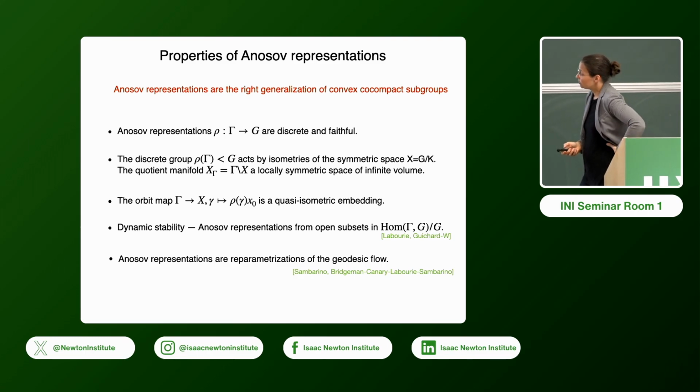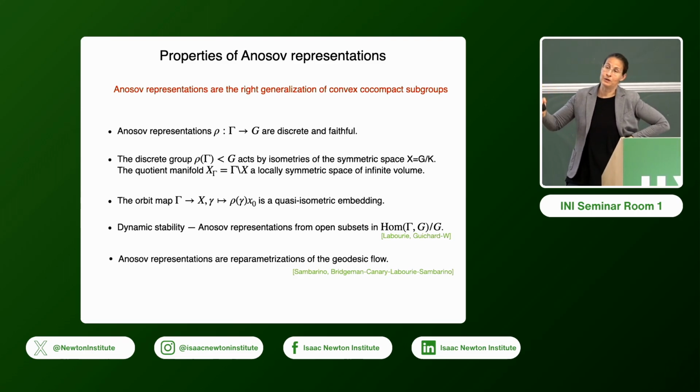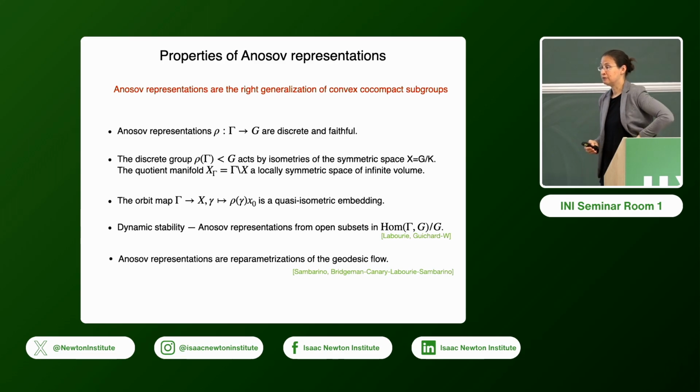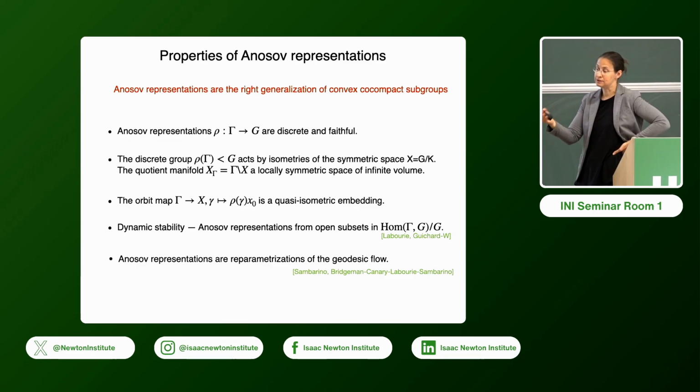Okay. So here I want to highlight, in some sense mirroring what I told you about convex co-compact subgroups, what are the nice geometric or dynamical properties of Anosov representations. So first, any Anosov representation is discrete and faithful, so it really gives you a discrete subgroup of your Lie group, isomorphic to the finitely generated group you started with.